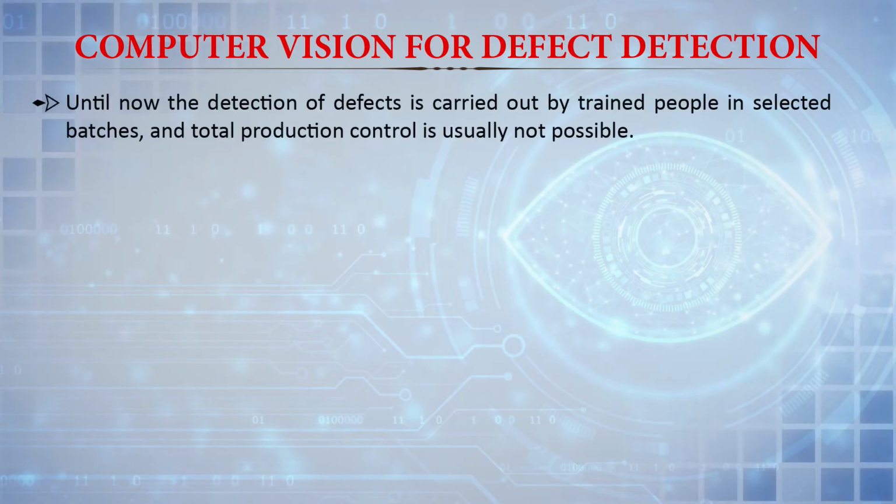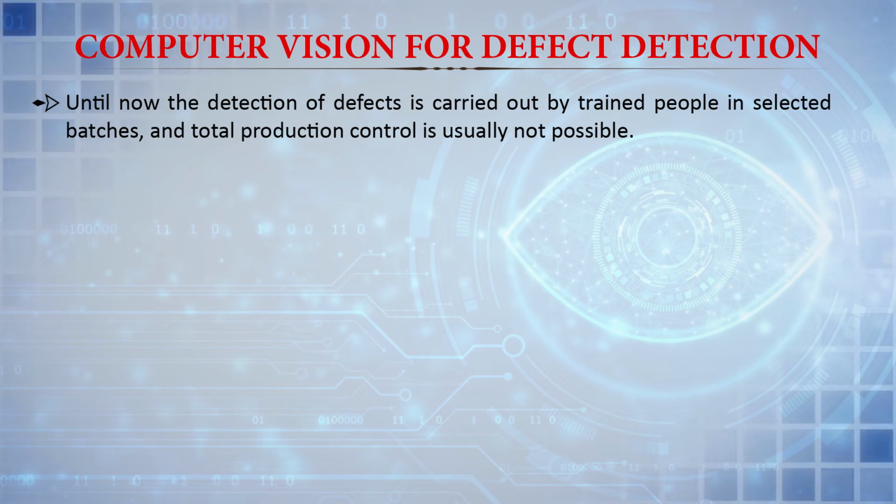So, let us see some of the applications of computer vision. The first application that we can see is defect detection. Until now, the detection of defects has been carried out by trained people in selected batches, and total production control is usually not possible.